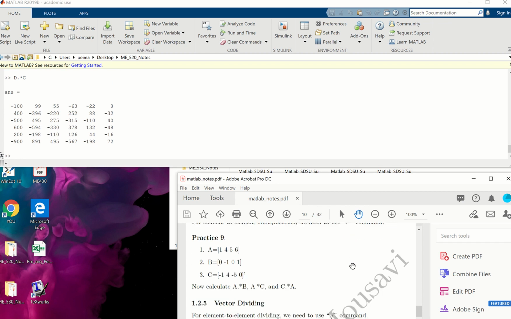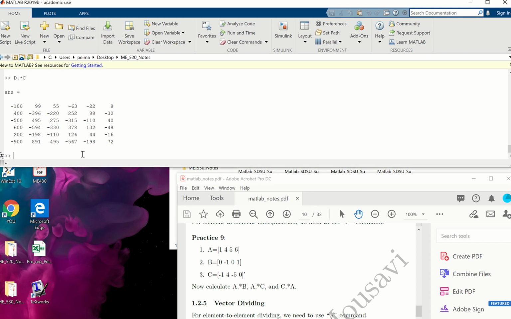And that's it. We explained about this. Now, as a practice at home, please do practice number 9, with A, B, C: calculate A element by element with B, A element by C, and C element by A. And I'm adding another one.